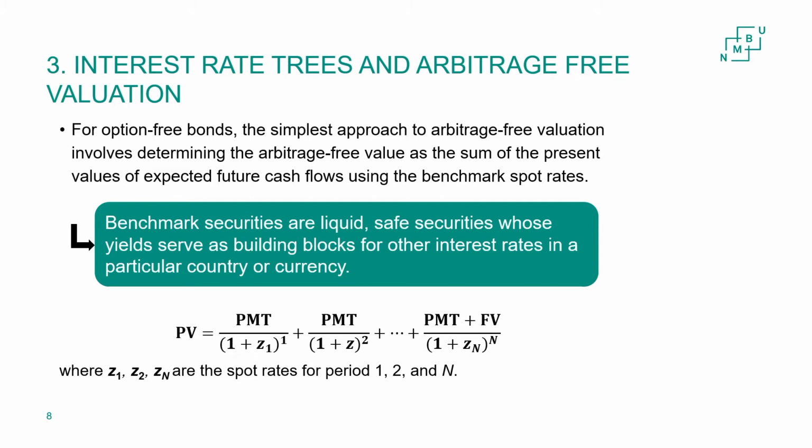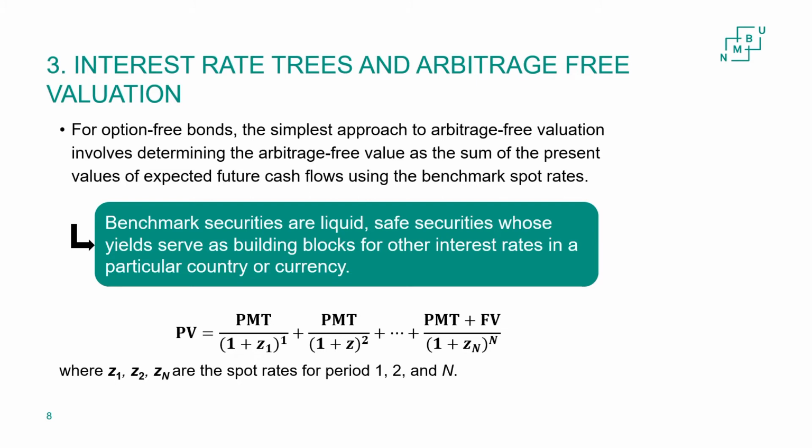And here you would use the benchmark spot rates if your bond is a risk-free bond, which means that it does not contain credit risk. The benchmark spot rates you would get from the prices of benchmark securities. Benchmark securities are often considered risk-free, and they are often government bonds, like US Treasuries.